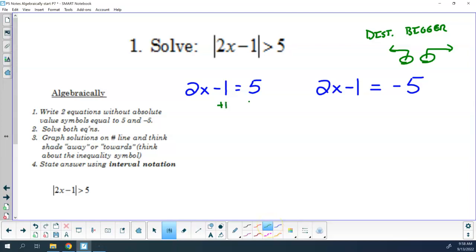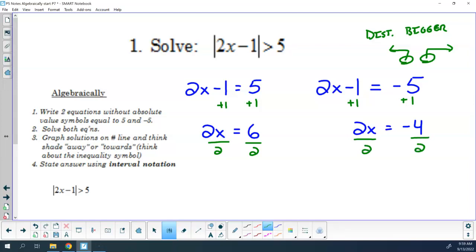So if I go plus 1 all the way across, then I would have 2x equals 6, and 2x equals negative 4. If I divide by 2 all the way across, I would have x equals 3 and x equals negative 2.